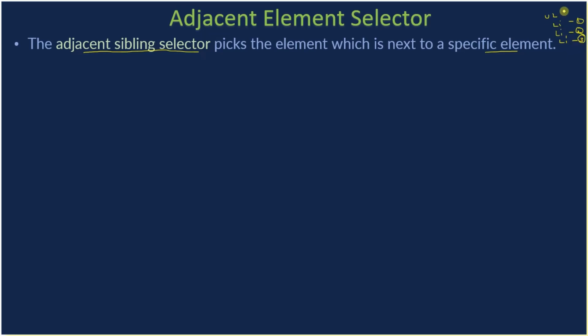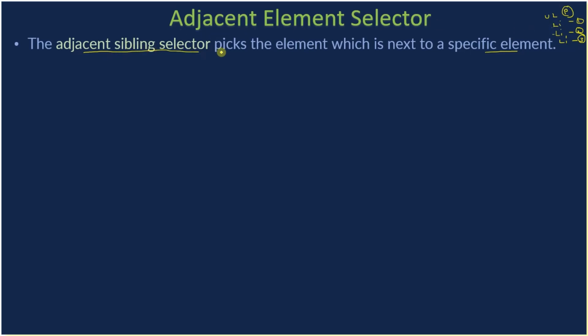The parent is the unordered list and these are all the 3 children that come under the unordered list. We can call the first li a sibling to the other 2, and the middle one a sibling to the top and bottom. The same way the bottom one is a sibling to the above 2.